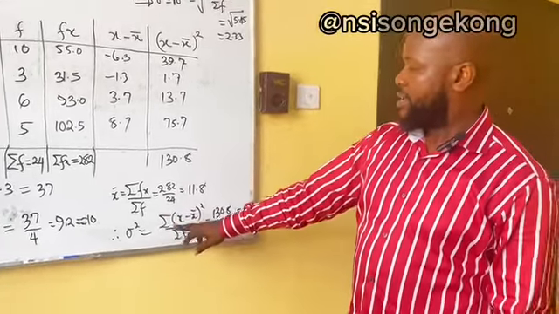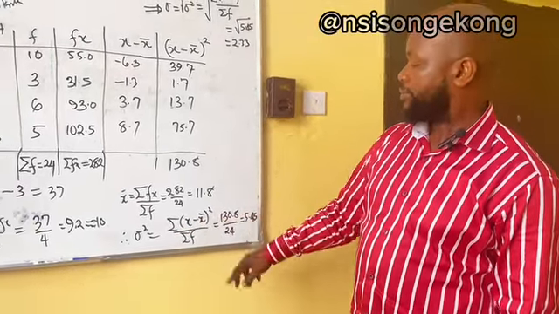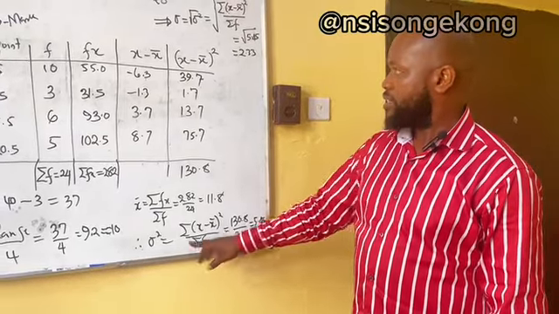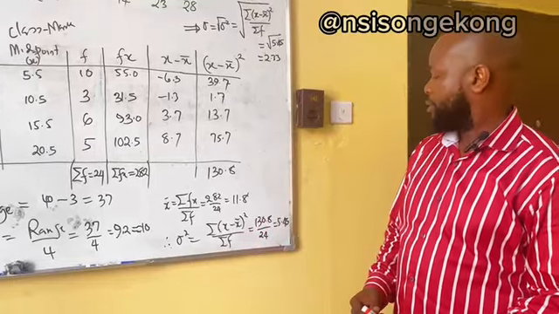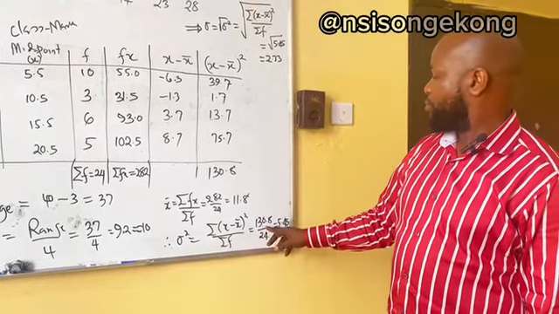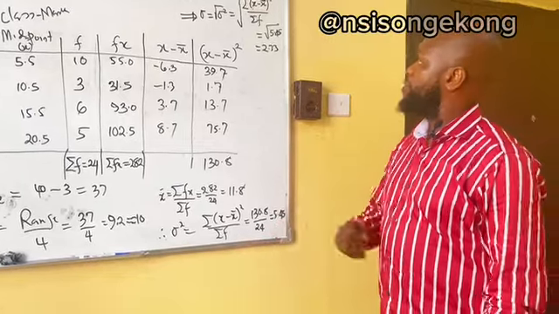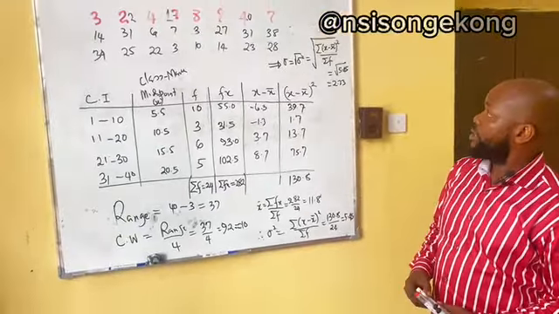So that is here now, the summation of (x minus x bar) all squared. And we divide that by the summation of f, that's the frequency column, to have our variance, which is sigma squared. So we now have 130.8 over 24, and that gives us 5.45. That is the variance for this particular data set.